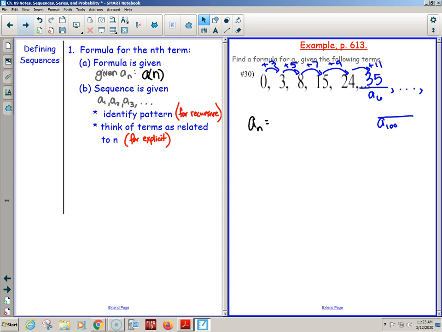Now, there is a way to recursively define a sequence, and we might see it a little bit in the future as well. I could say, to get to a term, I start with the previous term. This is a little weird, but for the 7th term, this would be the 6th; for the 10th, this would be the 9th; for the 3rd, this would be the 2nd. Whatever place I'm in, this would be 1 before it. And then I could say, you're adding these odd numbers. N? Nope, that'd be 1 and 2 and 3 and 4. 2n?